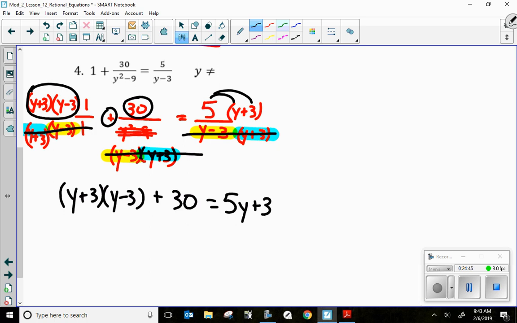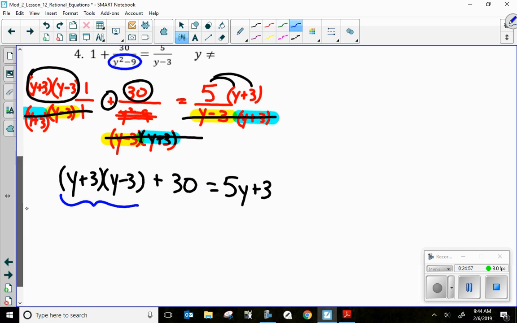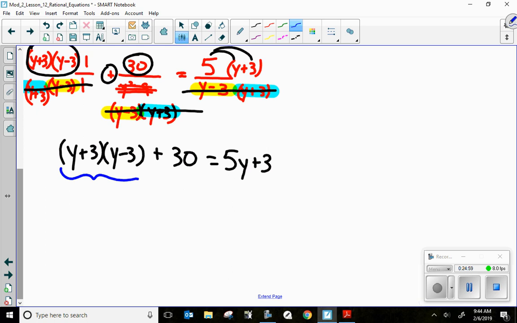Right now, in order to solve for y, I need to get all my y's together, which means I'm going to have to FOIL this back together. Didn't this originally come from y squared plus 9? It did. And if you FOIL those together, you get y squared plus 9 plus my 30 equals 5y plus 3.